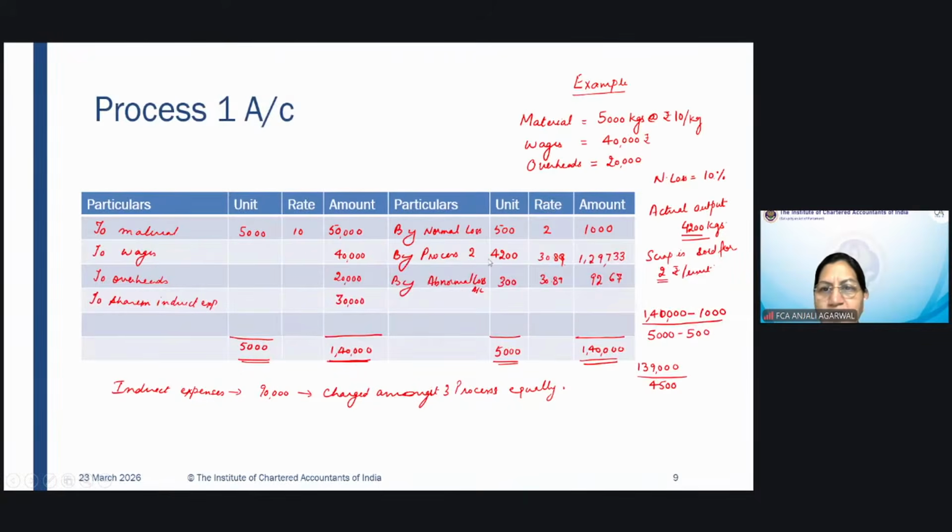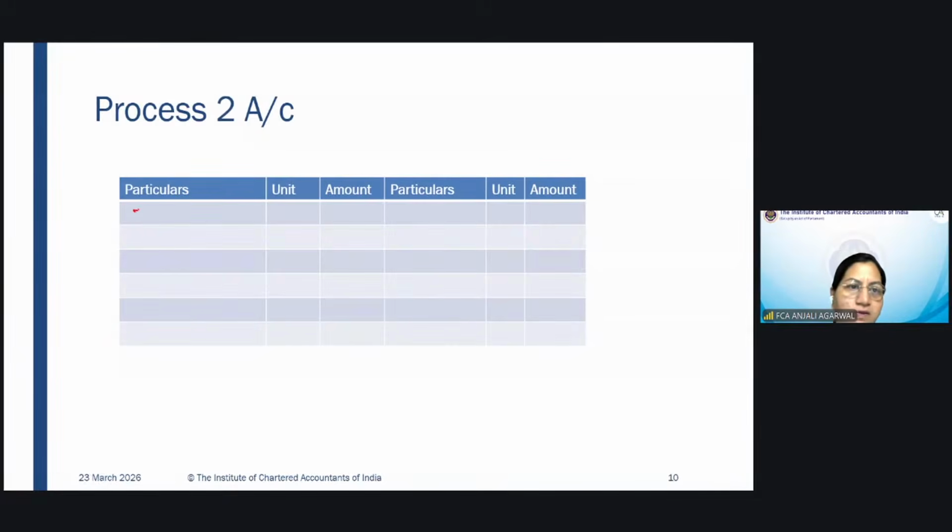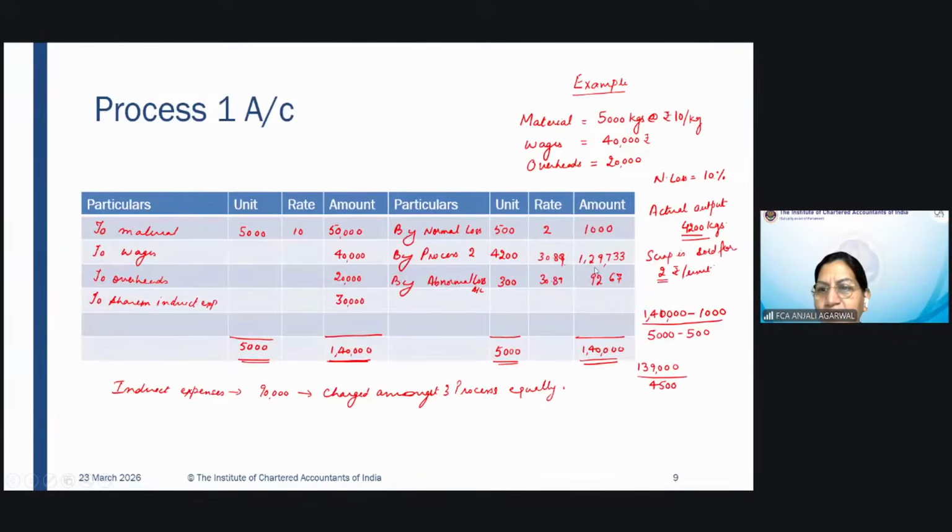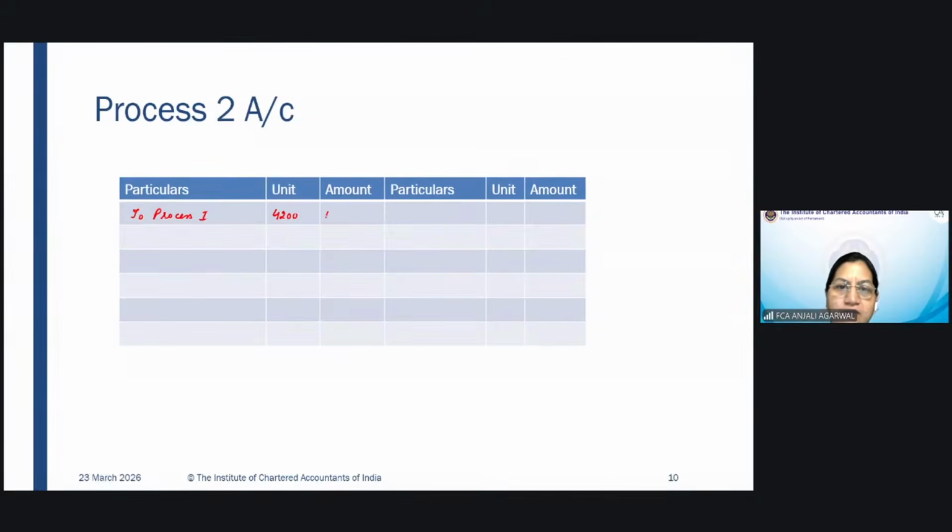And similarly from here, in process 2, what will you write? To process 1, 4200 units of 1,29,733. In this process also, maybe you introduce some other material. That would be a secondary material or sundry material. Let's say another 20,000.